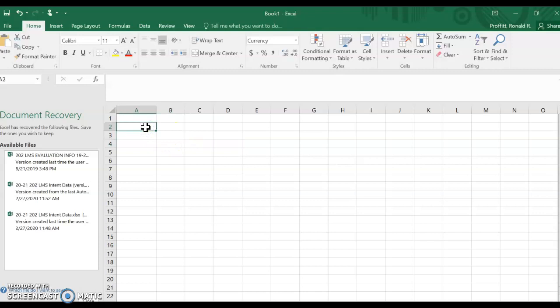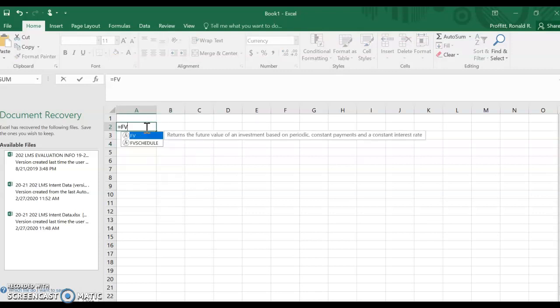Pick a cell and type equals FV, and that's future value. Then open up a set of parentheses, and it'll tell you here what you're typing in. So remember the interest rate for this problem was 0.04, it was 4%, but we have to divide it by 12.